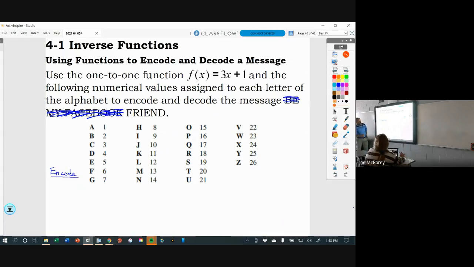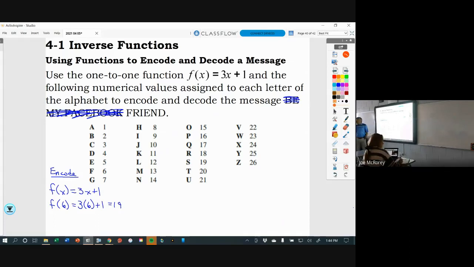So if I'm going to encode this message using f(x) equals 3x plus 1, and I wanted to send the word friend to you, the first letter of friend is F. F is the 6th letter of the alphabet. So I want to know what f of 6 is. Well, that would be 3 times 6 plus 1, 19.